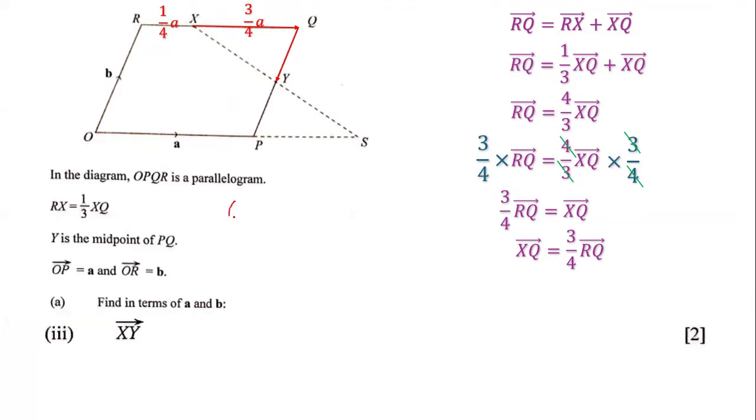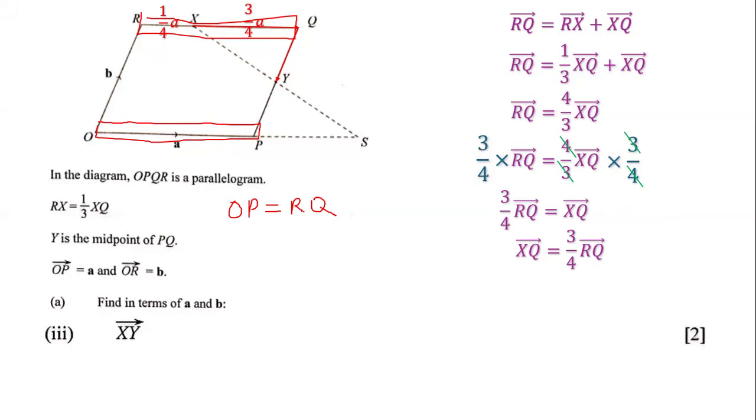We know that OP, because we're looking at a parallelogram, is equal to RQ. What do I mean? I mean that this line right here and this line right here are equal in length, because we're looking at a parallelogram.